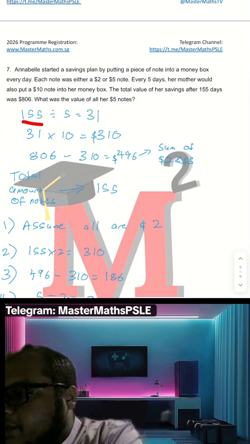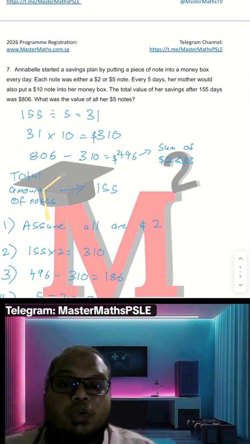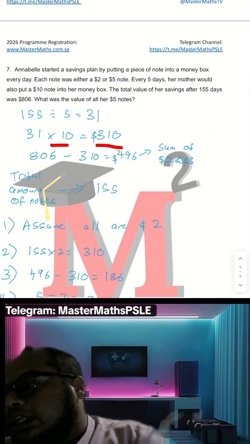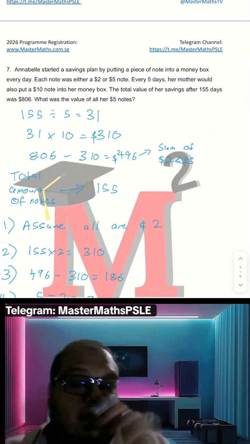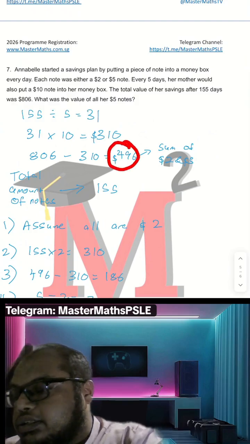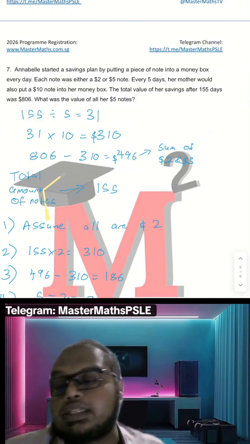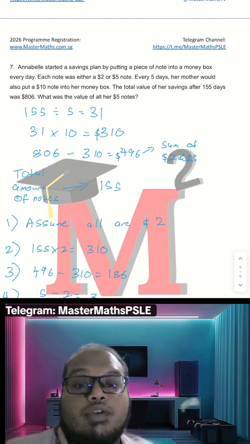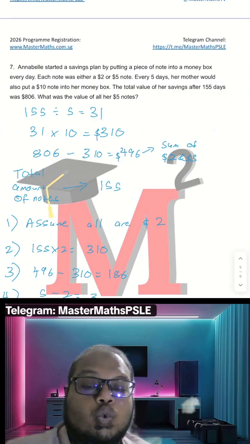I divide by 5 and got 31. So 31 $10 notes multiplied by 10 gives $310. I subtract this from 806 and get 496. So 496 is the sum of your $2 and $5 in terms of value.